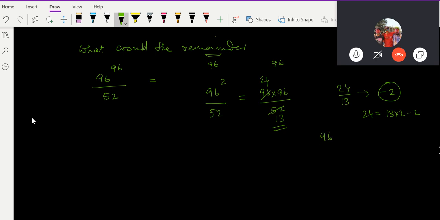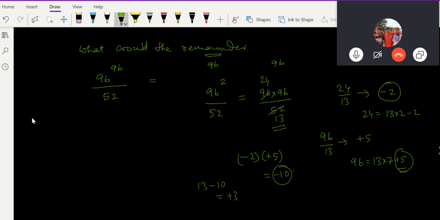And I divide 96 by 13, which gives me a remainder of +5, because 96 is equal to 13 into 7 plus 5. So the remainder of this whole thing would be -2 into +5, which is -10, and 13 minus 10 is +3.